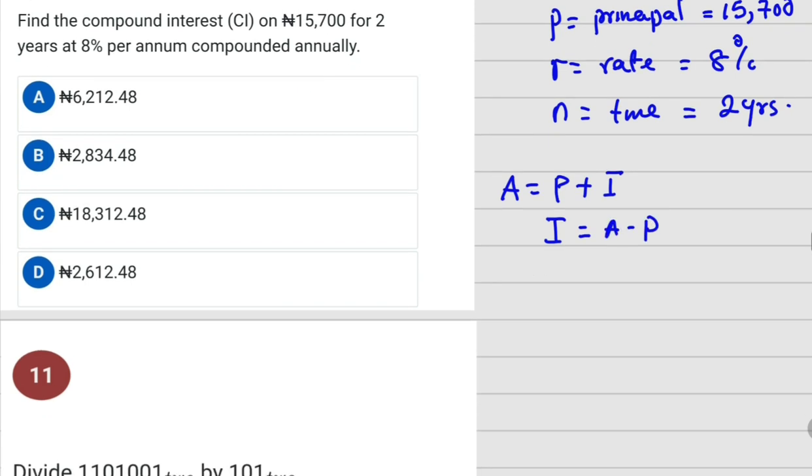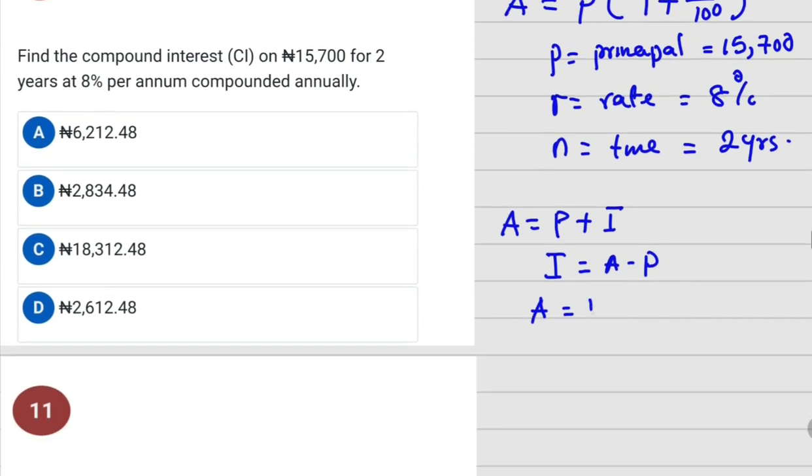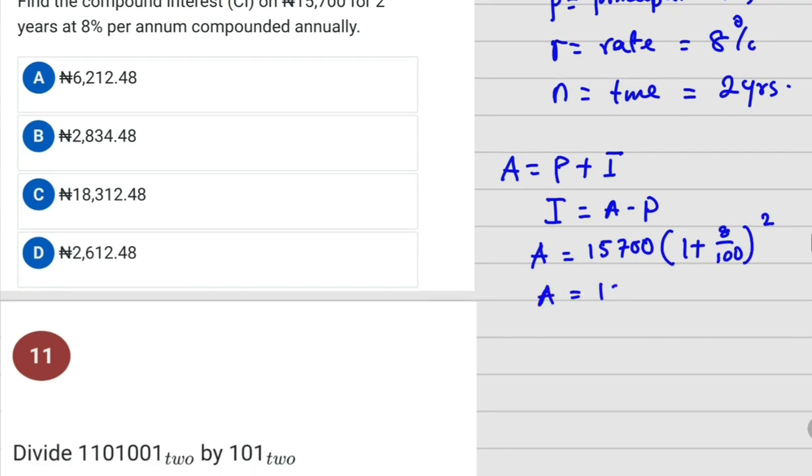All right. So can we just get our A now? Using the formula, this is going to be 15,700 into 1 plus 8 over 100 all raised to power 2, which will be 15,700 into 1.08 all raised to power 2. Using our calculator, our answer will be 18,312.48.